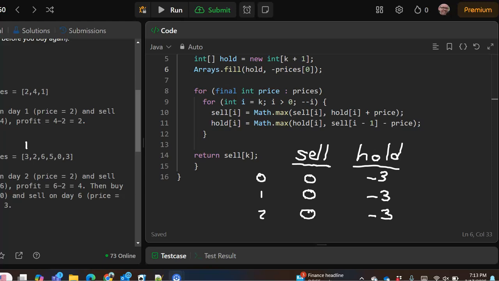All right, we're going to iterate through the prices one day at a time. We are going to do a maximum of k transactions per day. We're going to update sell and hold. It sort of looks like we're doing this backwards. We're going from k to 0. It doesn't matter as long as we limit ourselves to k transactions per day, but there is one case, and that is on this line right here, where we're looking at cell i-1.